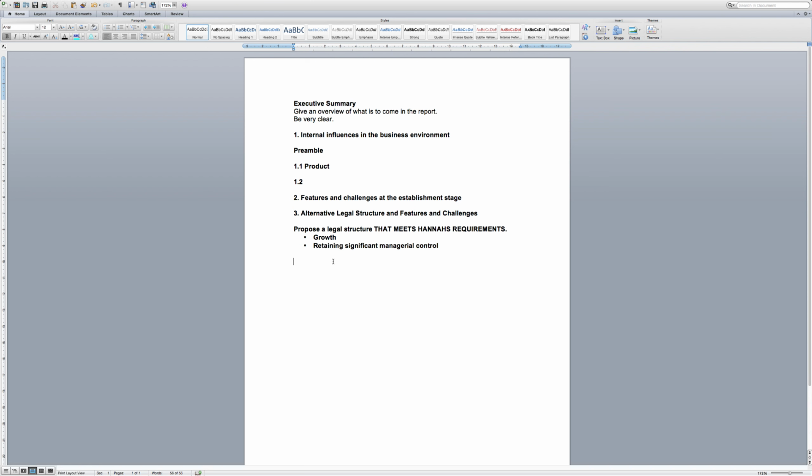The final section, which is normally a conclusion, we're going to call that recommendations. Because this is a section 3, you are a consultant, you need to recommend to HANA, and you're going to give very clear recommendations in here. I think we went over this in term 1, so I'm probably not going to spend too much time on it.